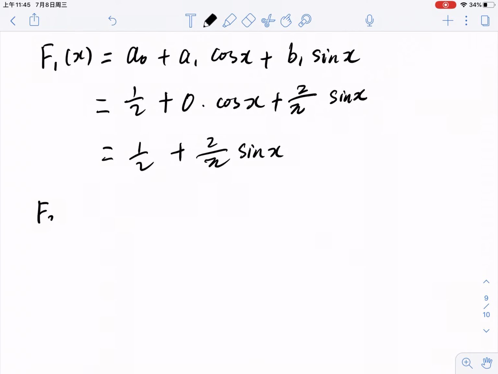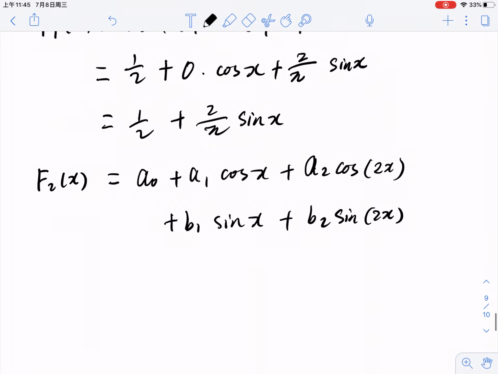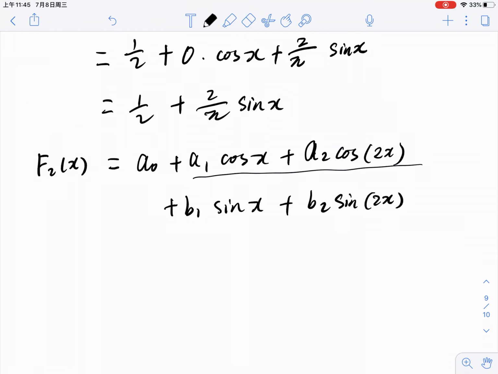Then f2(x), similarly, is a0 plus a1 cosine x plus a2 cosine 2x plus b1 sine x plus b2 sine 2x. We know ak is 0, so those terms are all 0.